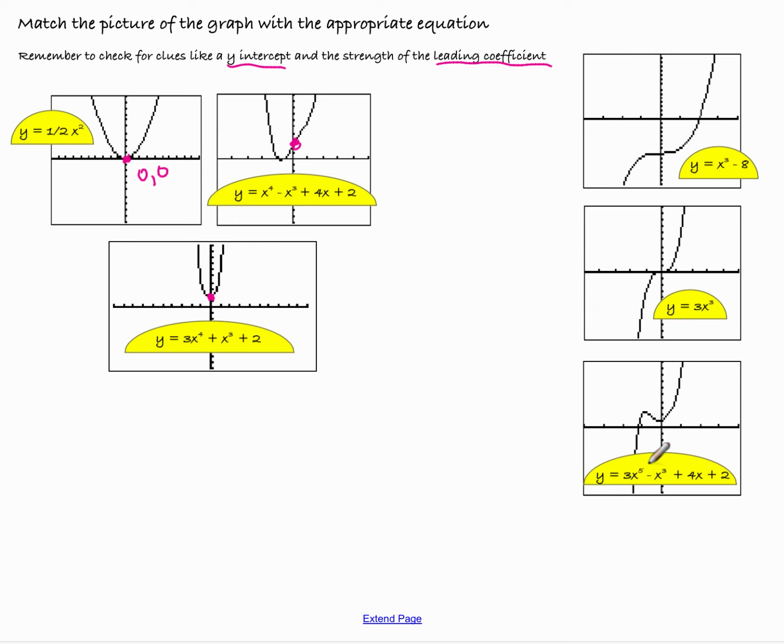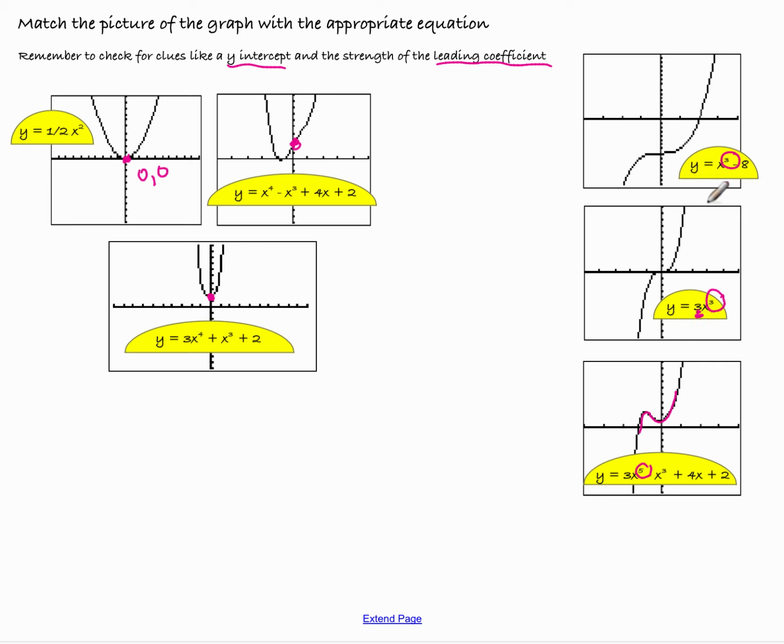Notice with x to the 5th also that we've got some relative maxima and minima going on, because we know that it could have been a possible 5 times crossing the x-axis. Notice the difference also between this x cubed and this x cubed.